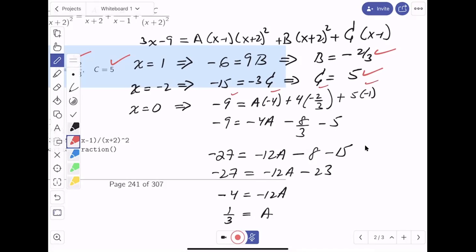Multiply both sides by 3, minus 27, minus 12a, minus 8, minus 15. And let's see, minus 23, minus 4.